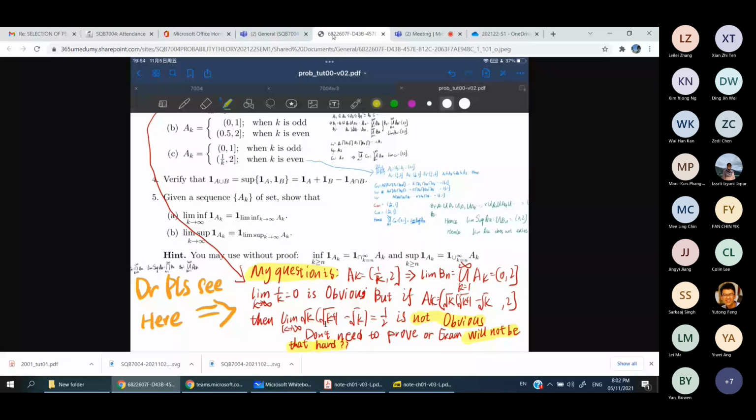I'm still reading these questions here. So what you're trying to ask. Okay, cool. So this is the question. If A_k is the open-closed interval with 1 over k squared, the limit as k goes to infinity is 0, which is obvious, but if A_k is something else, what is this?